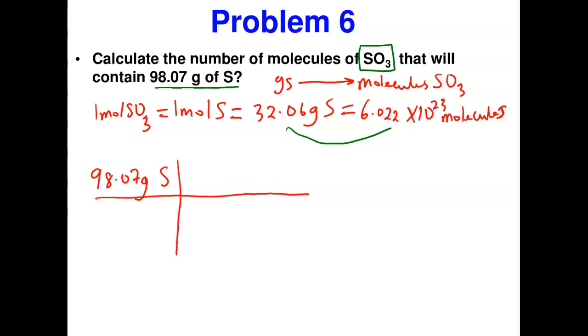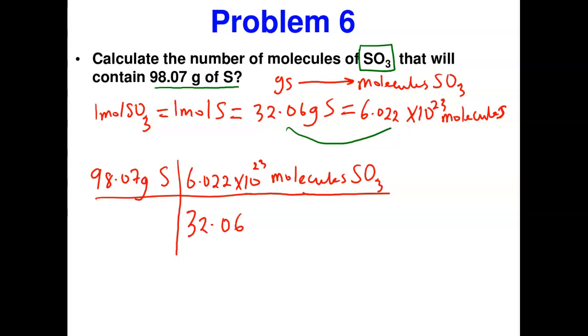We have this unit. And since we're looking for molecules of sulfur trioxide, we're going to put these molecules on top. So what that simply means is that this guy is going to go on top, 23 molecules of SO3, and then this mass is going to go down.